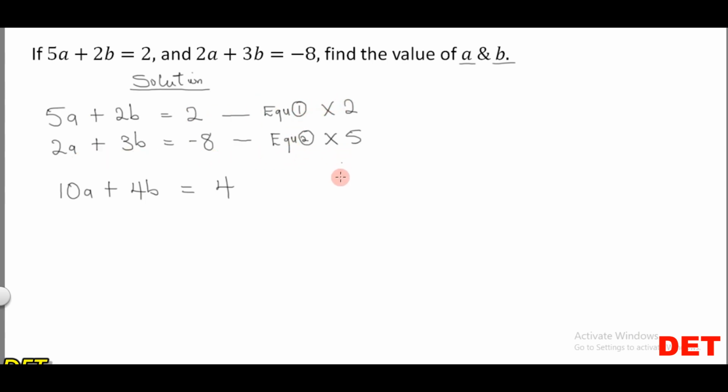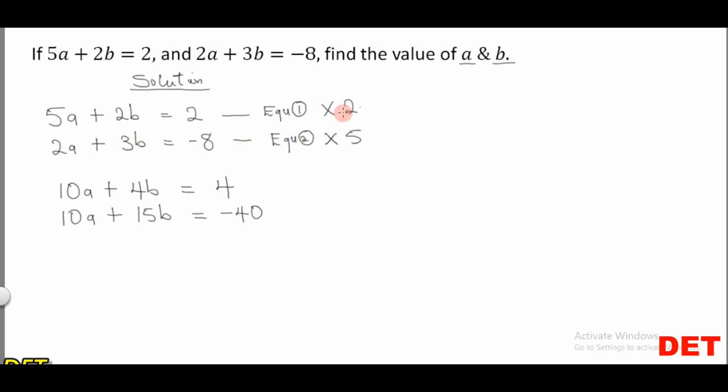Then I'll move to the second equation. 5 times 2a will give me 10a, plus 5 times 3b will give me 15b, equal to 5 times minus 8 will give me minus 40.